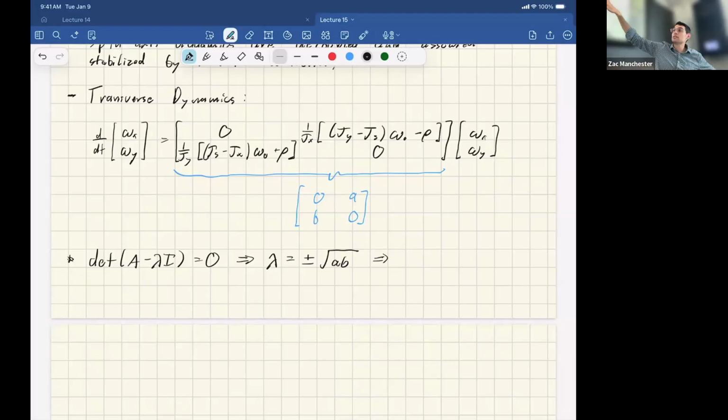I can have lambda be a positive-negative real pair, which is bad because the positive eigenvalue is unstable, it means I blow up. Or if A times B is negative, this is going to be a pure imaginary complex conjugate pair, which is an oscillator. So we want A times B to be negative.